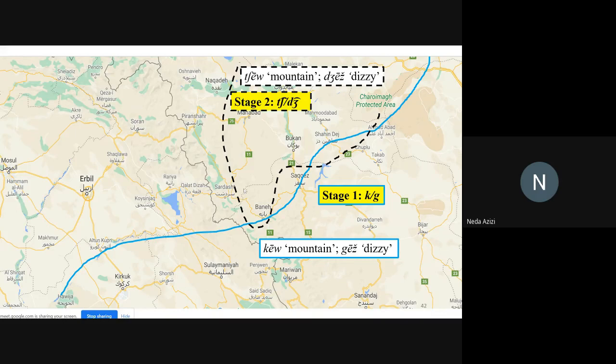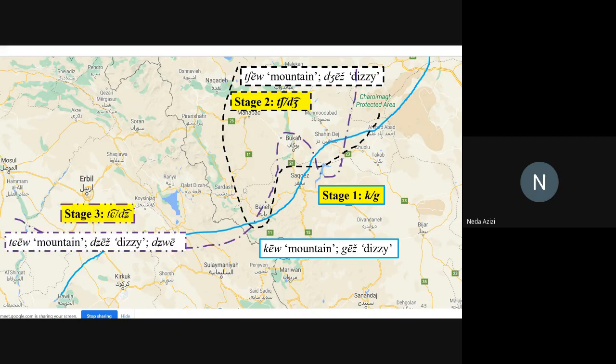This phenomenon occurs in both loan words and native words. The third stage is further fronting of post-alveolar affricates che, je. For example, cheo, mountain, jej. So basically, in this stage, people nicely pronounce the palatalized forms.